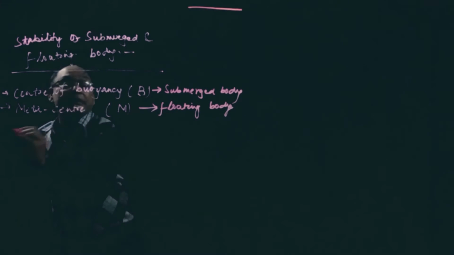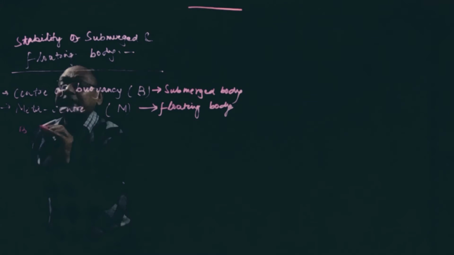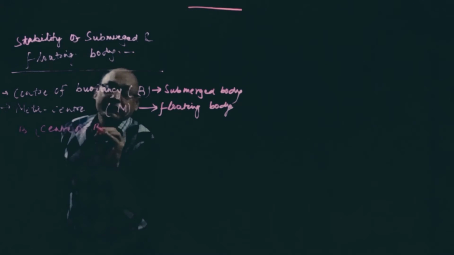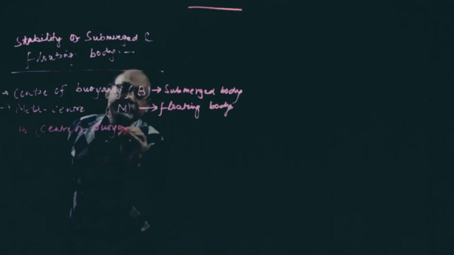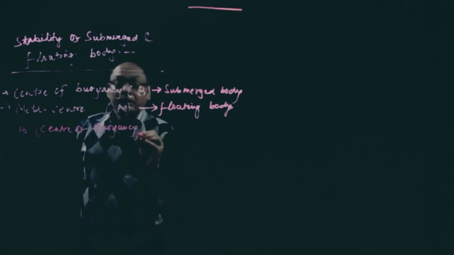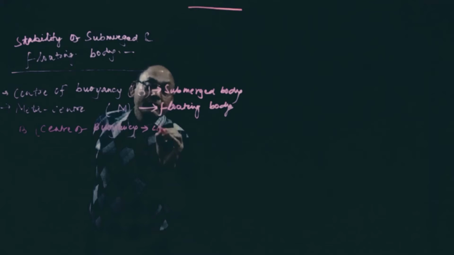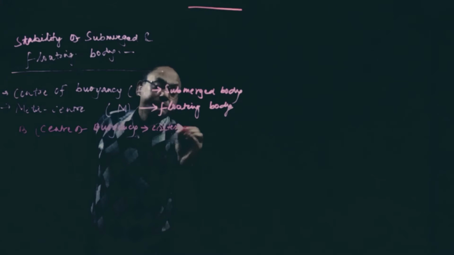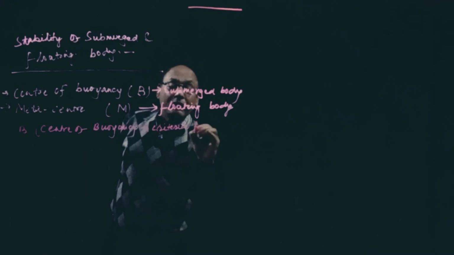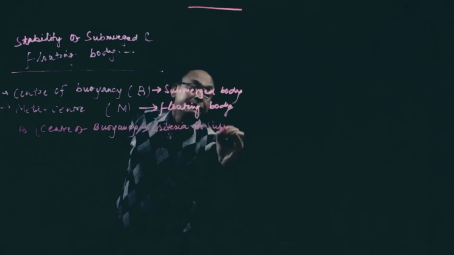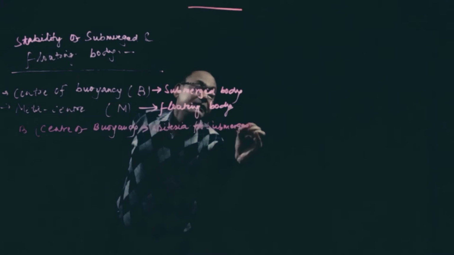So stability means B, B means center of buoyancy. It is the criteria for submerged body.